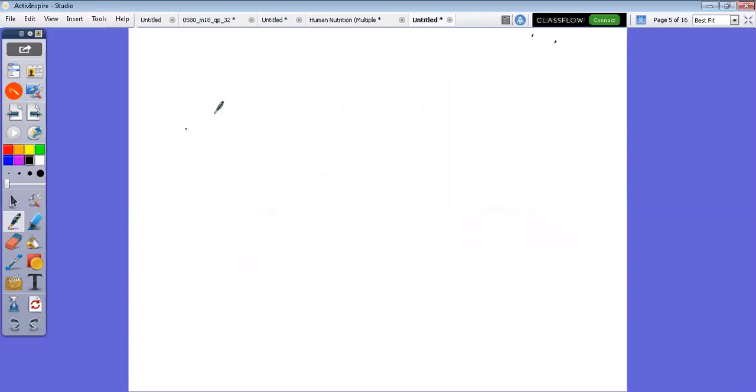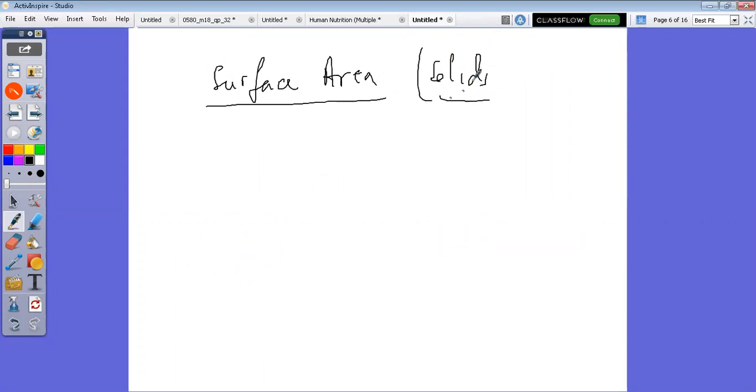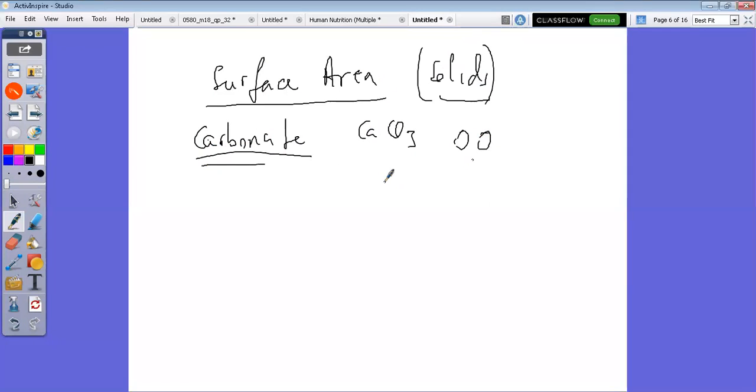Then the last thing is the surface area. And I said this is mainly to deal with solids. Because in a lab, I'm sure some of you that have the privilege of a lab, they mainly talk of the carbonates, especially calcium carbonate, which can be like small stones, grains like this.